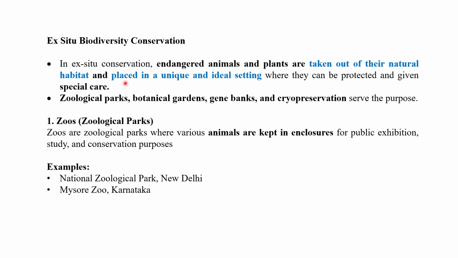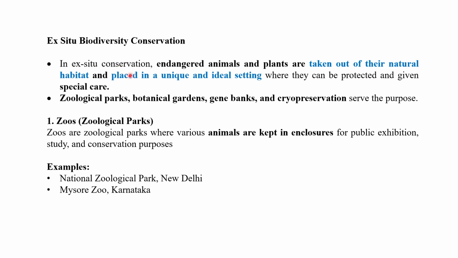Now the next conservation, biodiversity conservation, is the ex situ biodiversity conservation. We have discussed in the previous slides in detail the various in situ conservation of biodiversity. So here we have to understand what we mean by ex situ conservation.